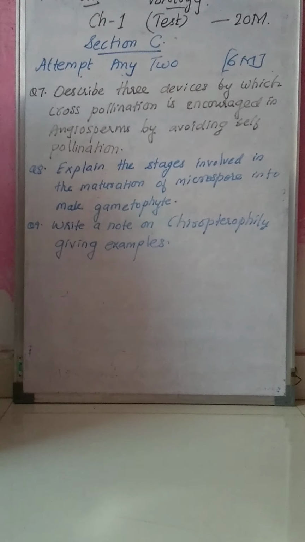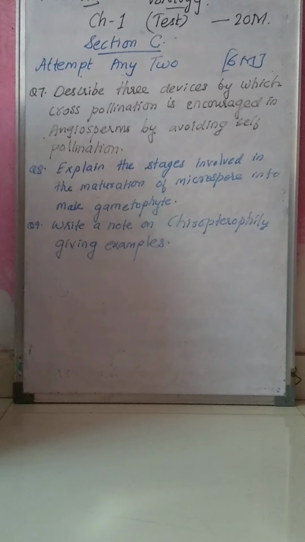See question number 7. Describe 3 devices by which cross-pollination is encouraged in angiosperms by avoiding self-pollination. What is the question? Describe the 3 devices.